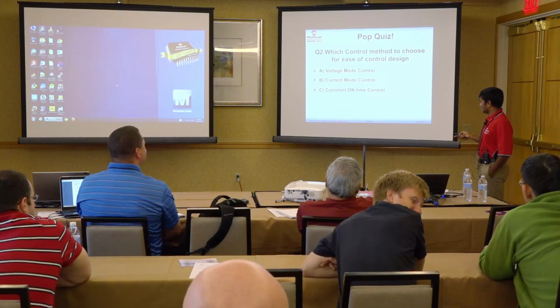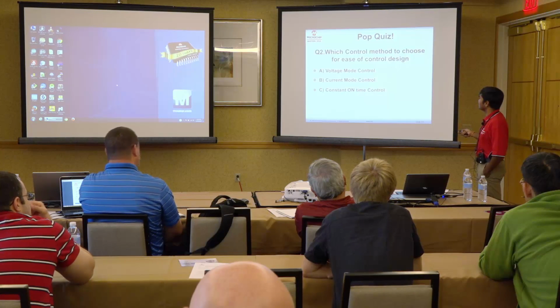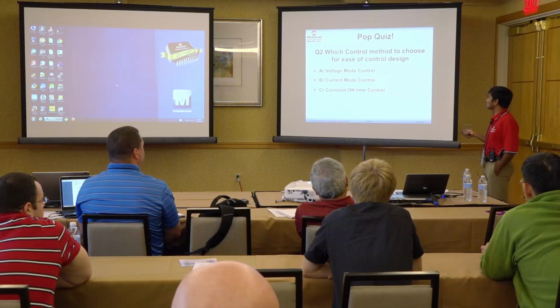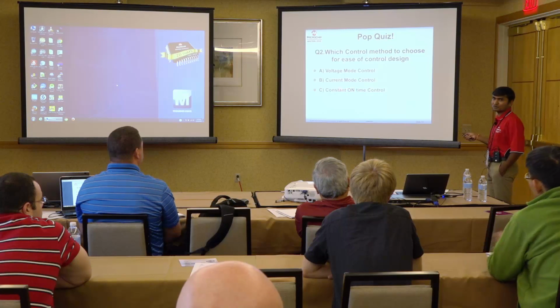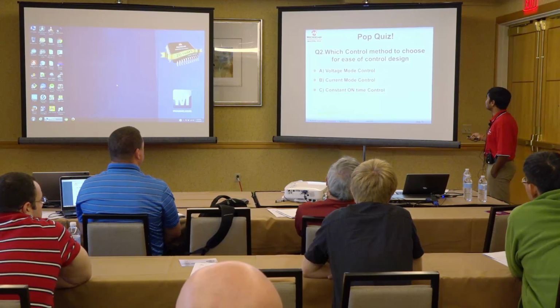For the ease of control system design, we do not want to go through a lot of equations. So, the voltage mode and current mode are not preferred. The constant on time control is more preferred.